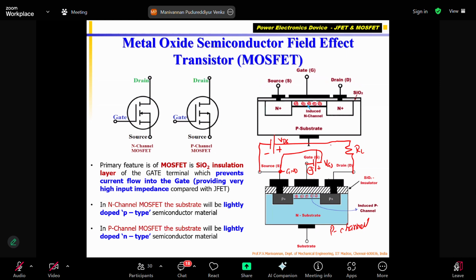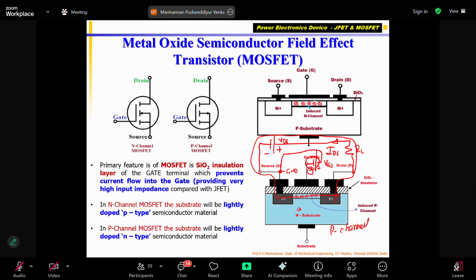Then only a current IDS will flow. IDS will flow from my P channel MOSFET to the load, and through the battery it will come like this. Like this, current will flow. To attract the minority holes in this one, I am applying a negative voltage.